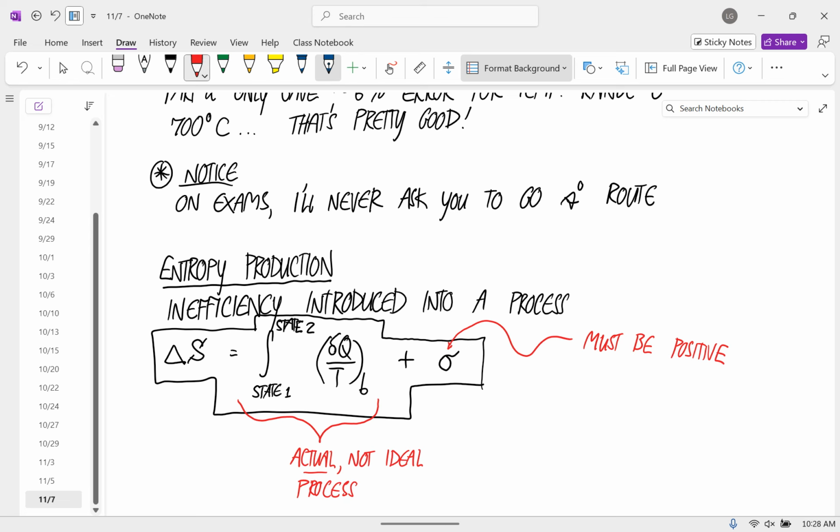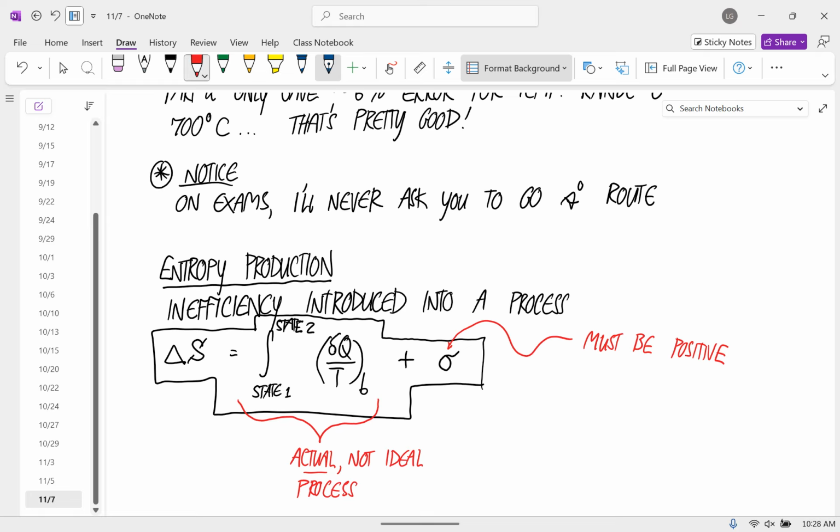And if it's equal to zero, then you know that's an internally reversible process. What we're saying here is not necessarily for a cycle, but you can think we'd have something less than zero for an actual process, something equal to zero for a perfect ideal process.